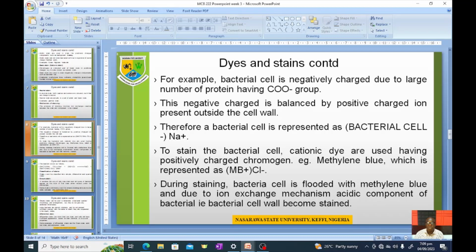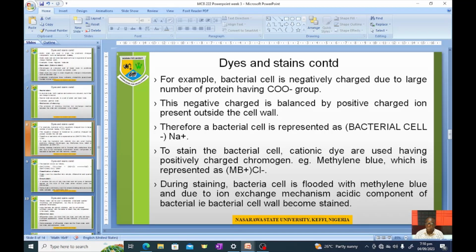ion. To stain the bacterial cell, cationic dyes are used having positively charged chromogen. For example, methylene blue, which is represented as MB+.